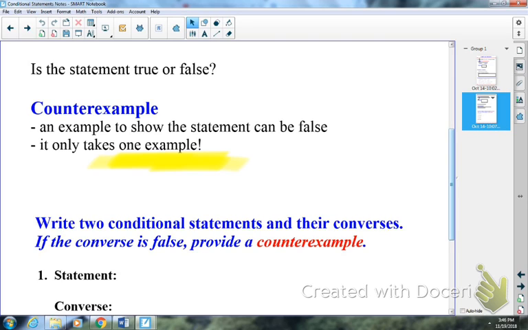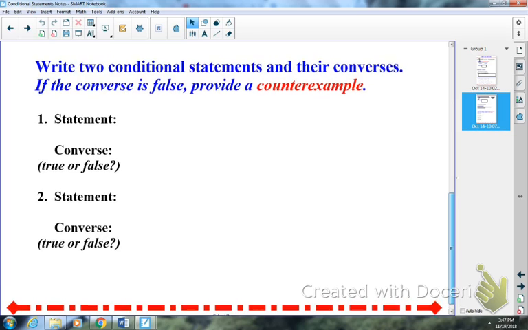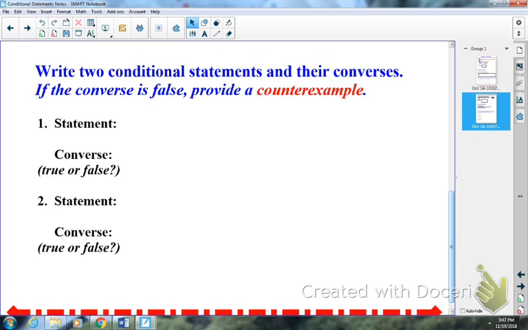Okay, so we're just going to do two examples at the bottom here. You are going to write two conditional statements and their converses, and if it's false, provide a counterexample. I'm just going to make one up here.